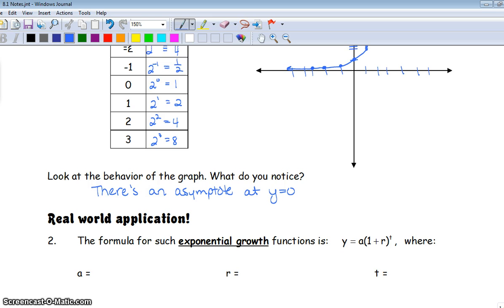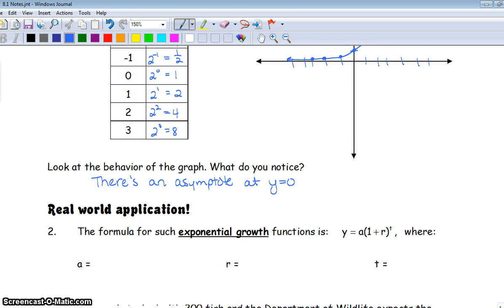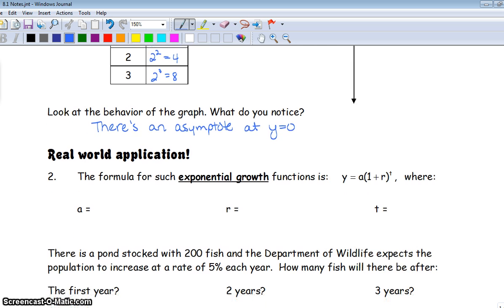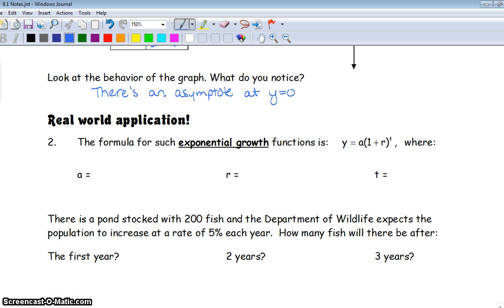Okay, so the nice thing about these exponential growth functions is almost the entire chapter is on real-world application. And our first application is exponential growth functions, where it's y equals a times 1 plus r raised to the t power, where a is the initial amount, r, I'm sure you can guess, is the rate of change.